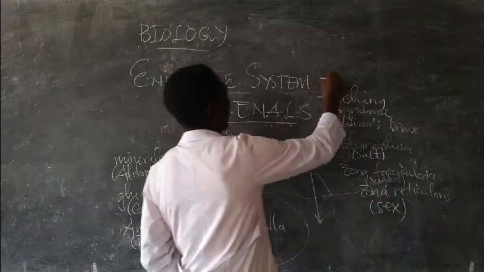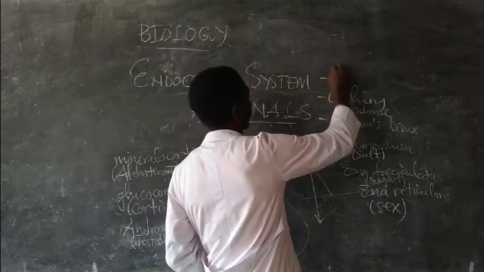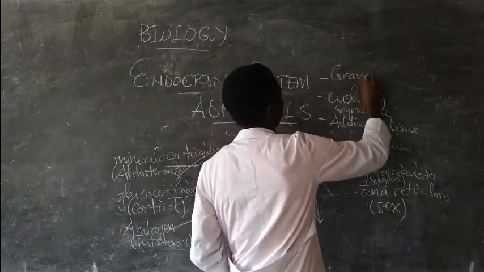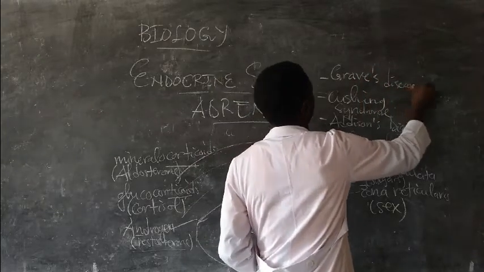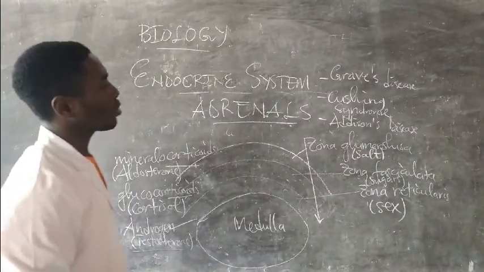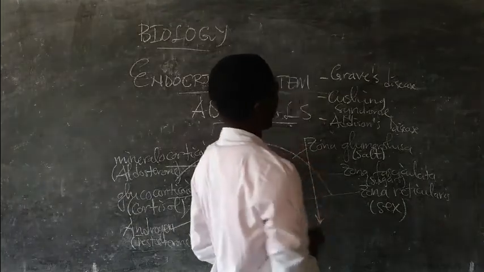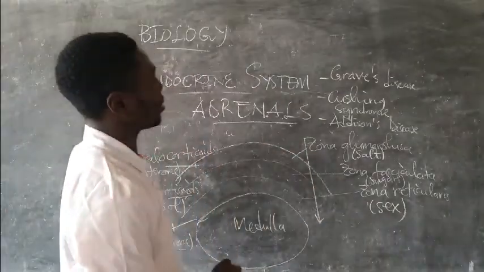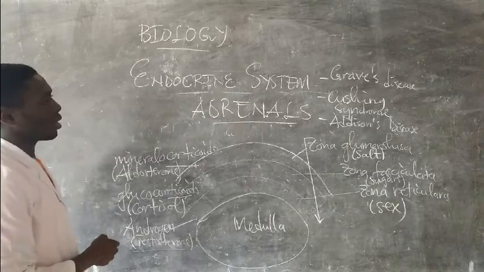And then for hypersecretion of the thyroxine, we talked about Graves' disease. Graves' disease is hyperproduction of the thyroid hormone. Cushing's syndrome is hyperproduction of cortisol, and Addison's disease is for aldosterone.